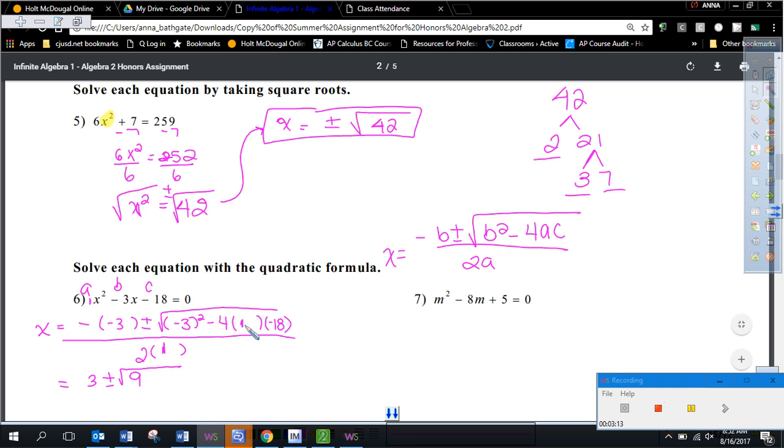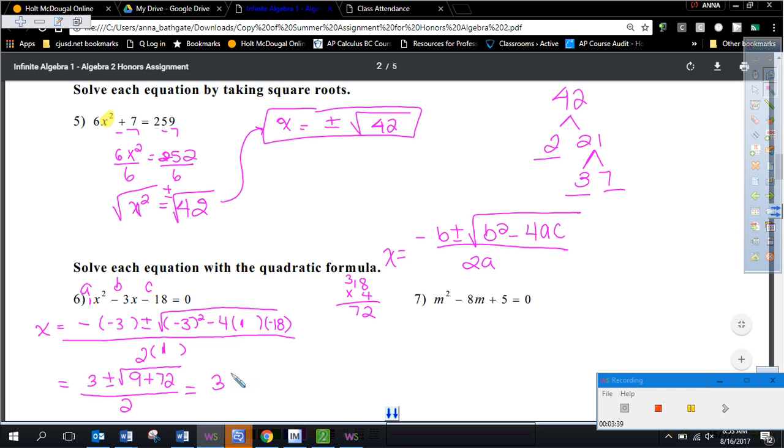Negative 4 times 1 is negative 4. Negative 4 times negative 18 makes a positive. And 18 times 4 is 72. So that's plus 72. All over 2 times 1 is 2.